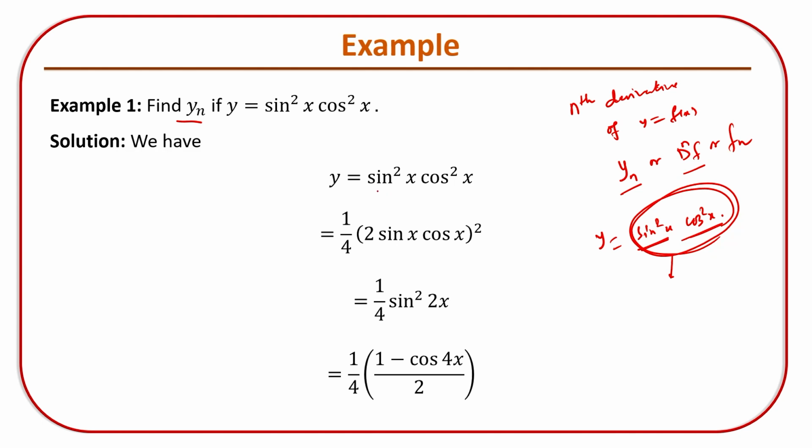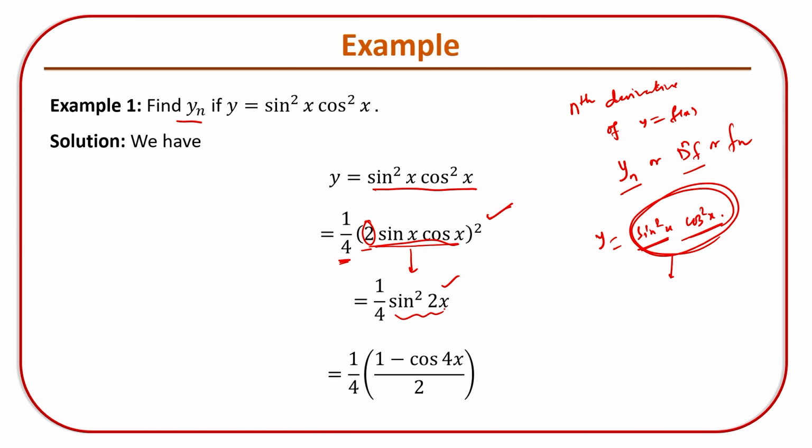So, y equal to sin square x cos square x can be converted into (2 sin x cos x) whole square, and since 2 square is equal to 4, I have to multiply and divide by 4. So, this is 1/4 into (2 sin x cos x) whole square, and 2 sin x cos x we knew is sin 2 theta. So, this will become 1/4 into sin square 2x.